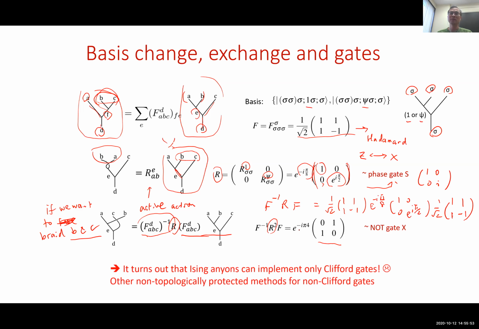Okay, so next I'm going to look at more braiding operations to generate more gates, but it turns out that Ising-anyon can only implement Clifford gates if you do it topologically. You could also use non-topological methods, but in this case it would not be protected, but you can get non-Clifford gates. But there are also other options that are related to magic state distillation. We'll talk about that later.